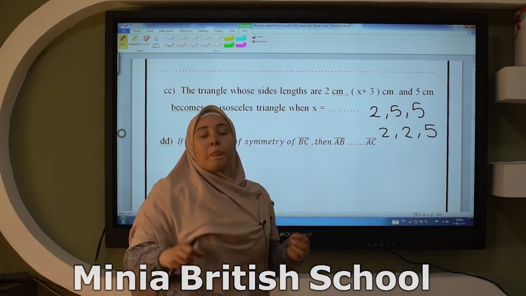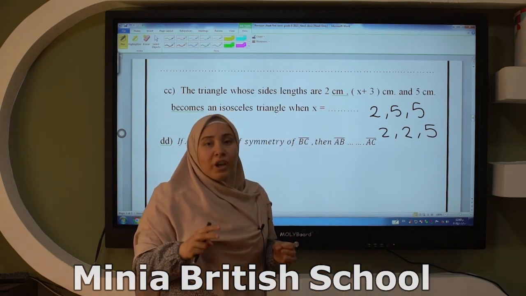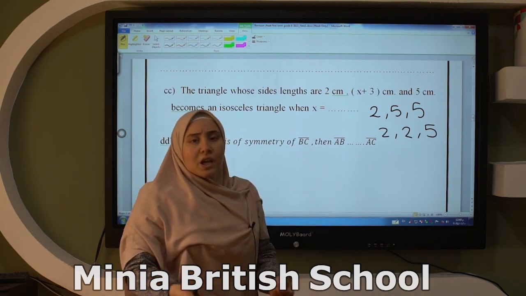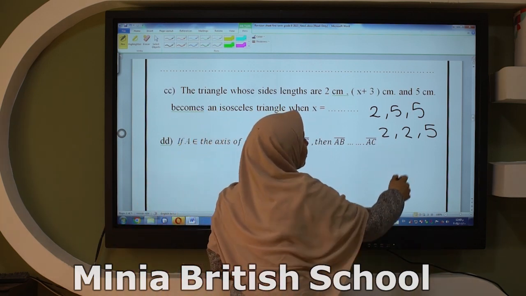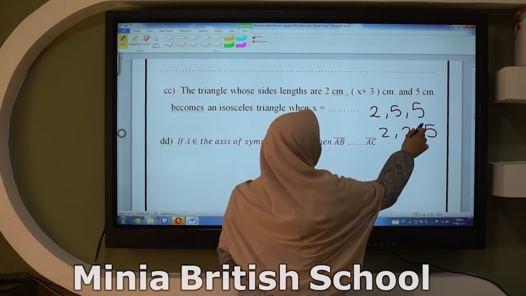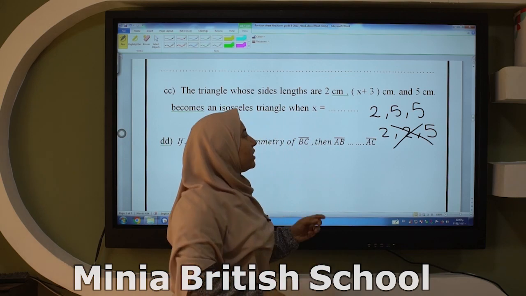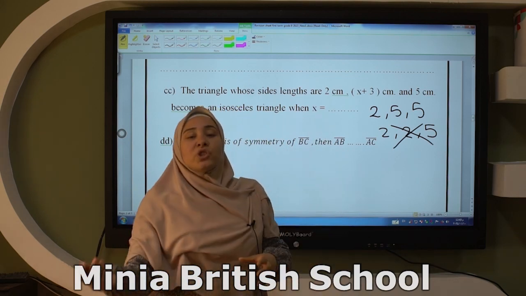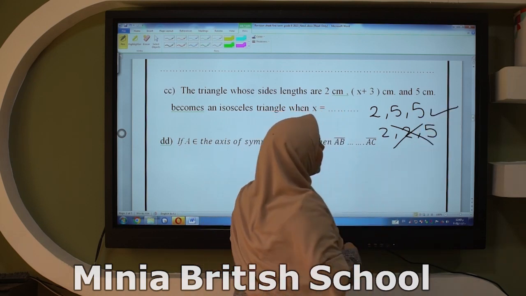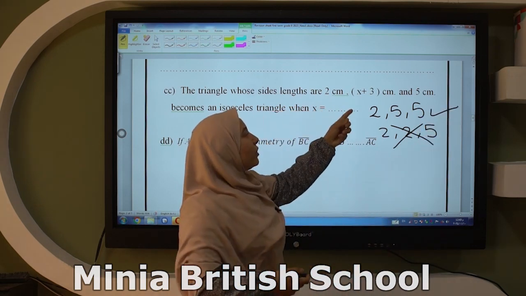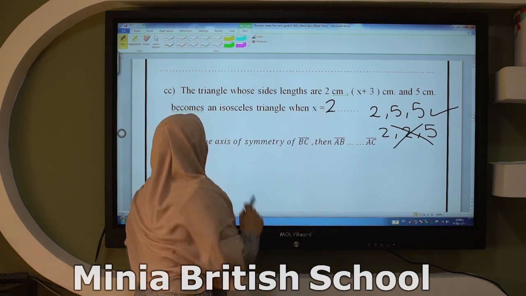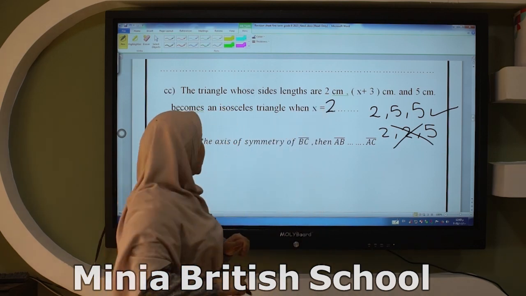But we know that the sum of any two sides of a triangle must be greater than the length of the third side. Here 2 plus 2 equals 4, which is less than 5, so it's cancelled. But here 2 plus 5 equals 7, which is greater than 5. Then the third side must equal 5. Then x plus 3 equals 5, then x equals 2.